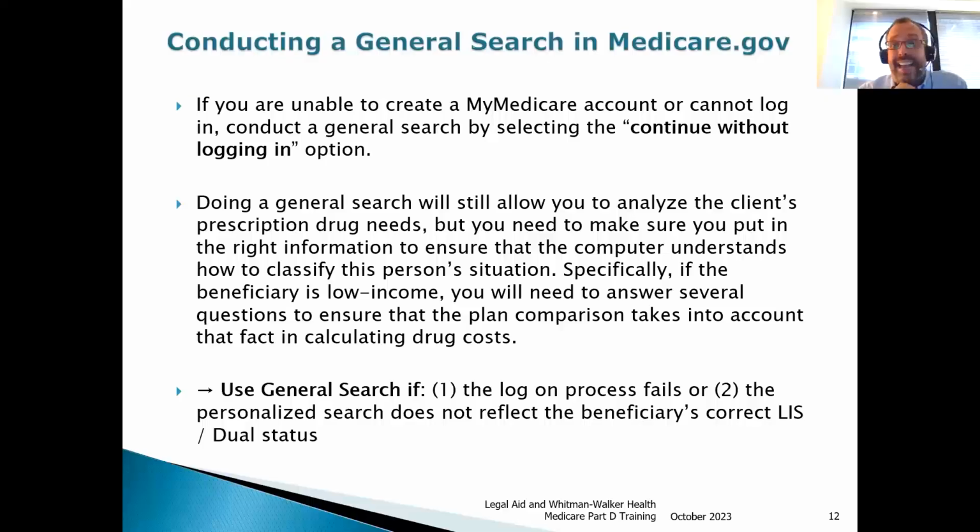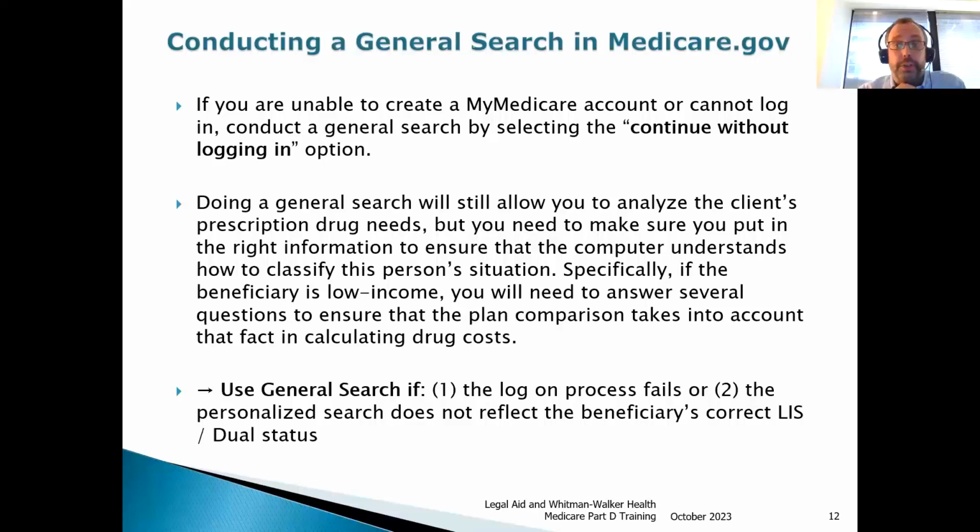If someone doesn't have a MyMedicare.gov account, perhaps they don't want to create one, or if they're having trouble logging in to their MyMedicare.gov account, you can still do an analysis for that person by doing the general search. And there's a couple of screenshots in a minute that'll walk you through how to do that. But there's a way essentially to continue without logging in.